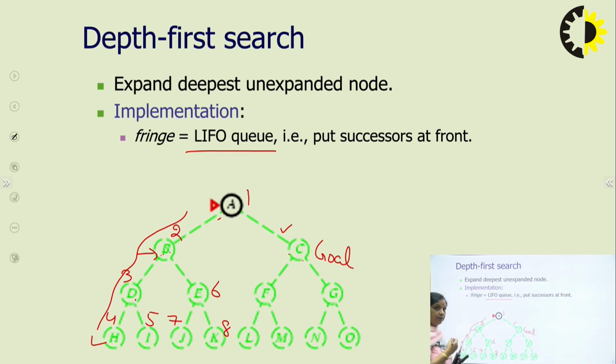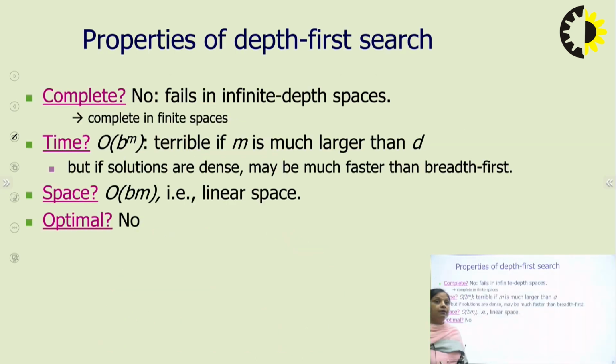Now let us discuss an important point here: is it complete? When we talk about depth first, generally we cannot say that depth is finite, that restriction we directly cannot say.